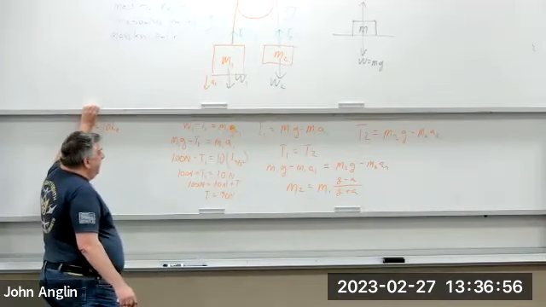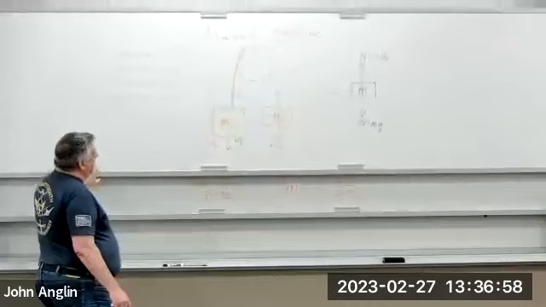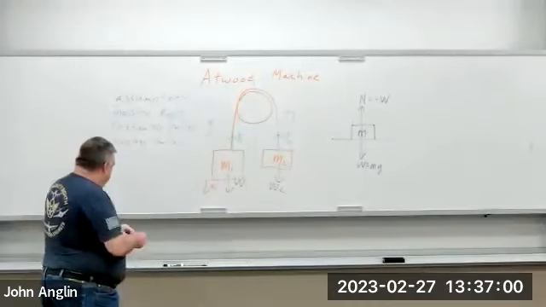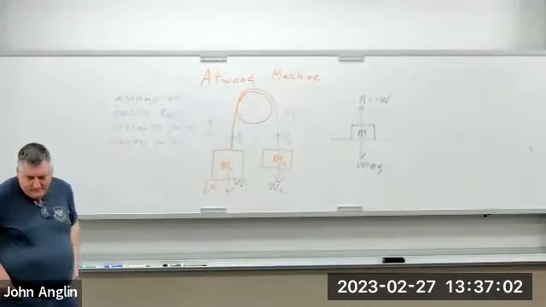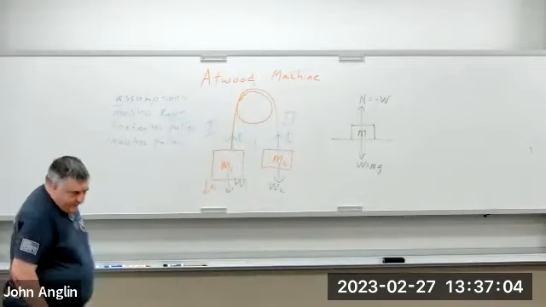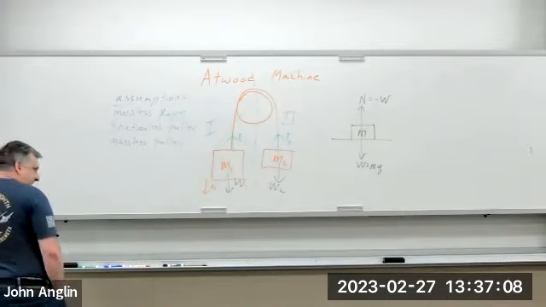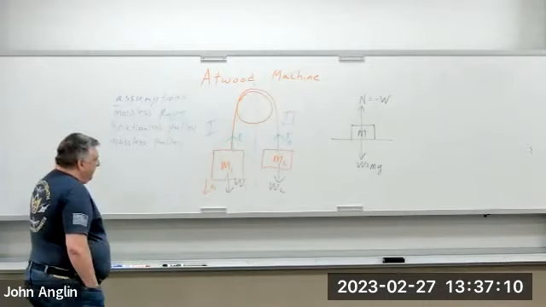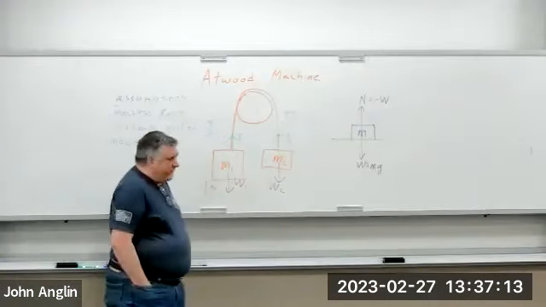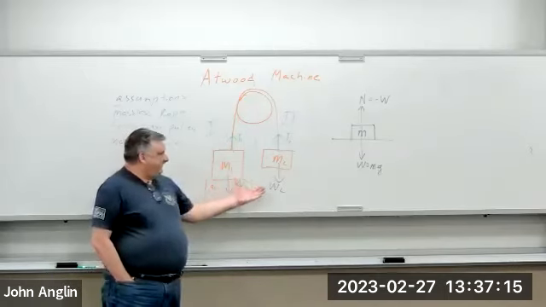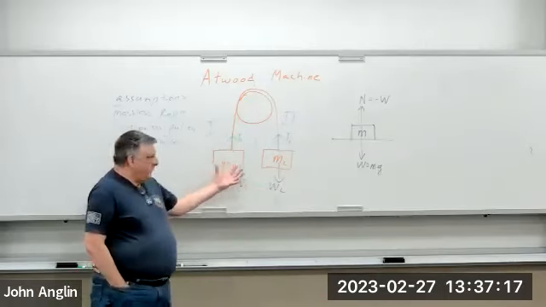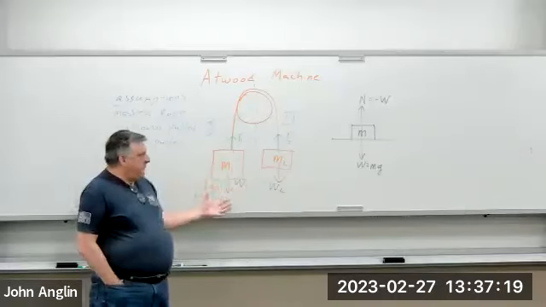So, to recap, Atwood machines are just simple machines. All we're doing is sum of the forces. There's nothing new here. As always, let's draw ourselves a picture of what's going on and label our vectors.